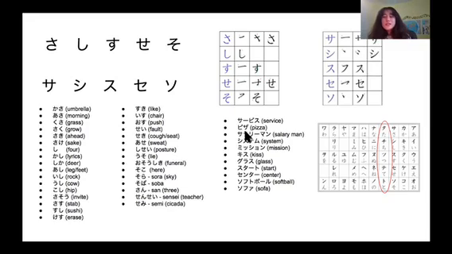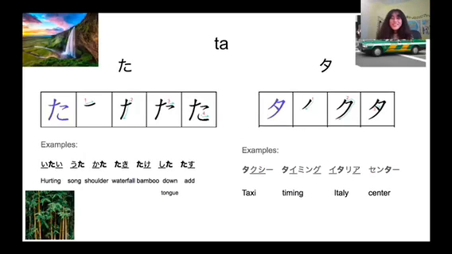So we're going to start off with ta (た). We're going to be learning ta, and ta has 4 strokes. It kind of looks like ke, but instead it has the hiragana ko on the right side.